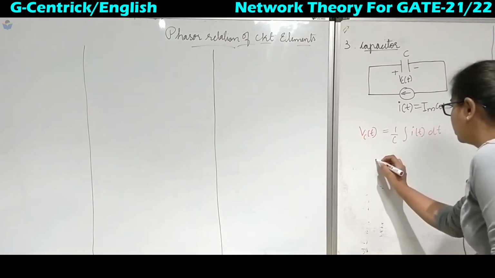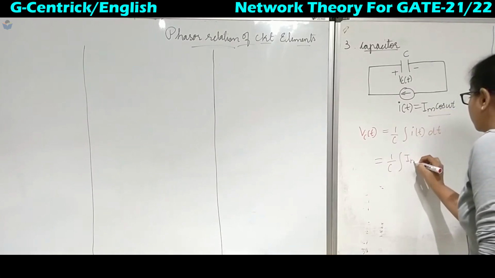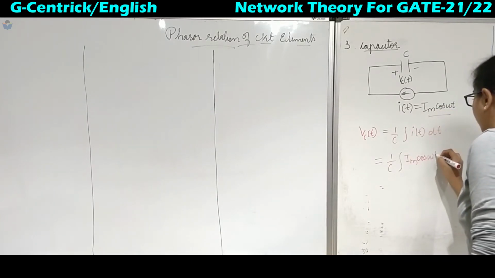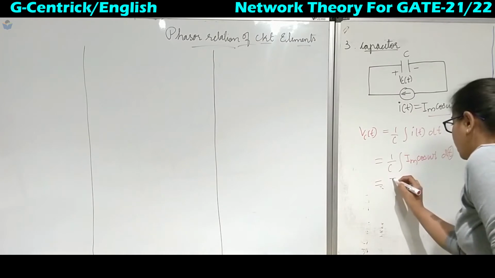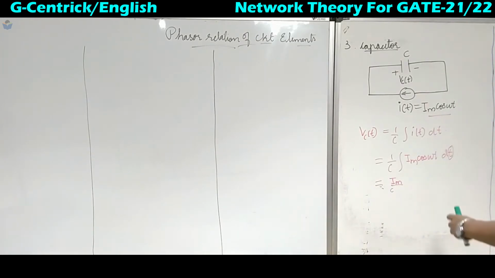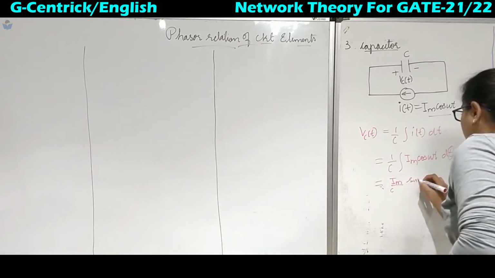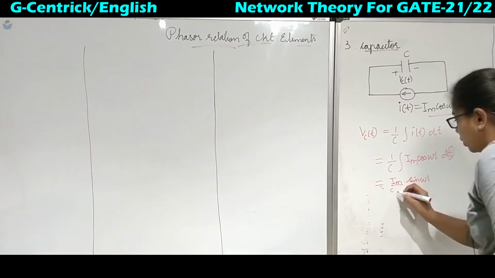Now we know what is I of t, that is Im cos of omega t into dt. This integration is with respect to t, not omega t. So this omega will be a constant, it will come out. Now this Im is constant, so Im by C. Now we have got integration of cos is nothing but sine. So sine omega t, and this omega will not be in multiplication but in the denominator.